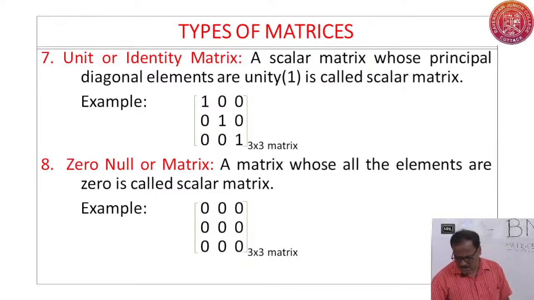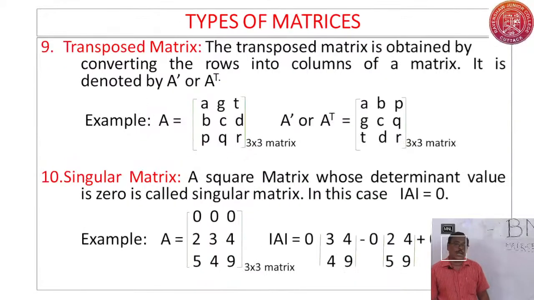So, this is about the zero matrix or null matrix. In the next slide we find the transposed matrix, denoted by AT or A dash. How do we find the transpose matrix?